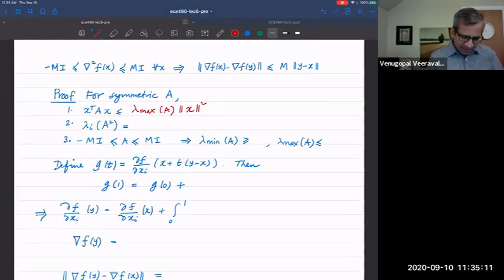Another result says that if you look at the eigenvalues of the square of the matrix, A squared, and again this is a symmetric matrix. So this is basically A times A, or you can interpret it as A transpose A. They're all the same thing.